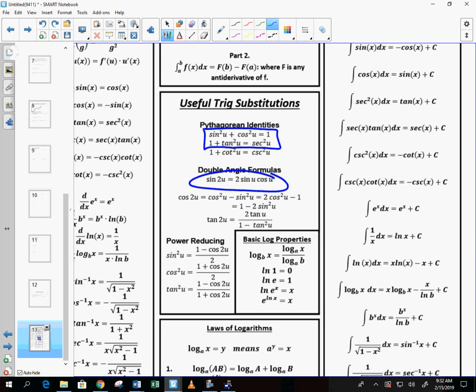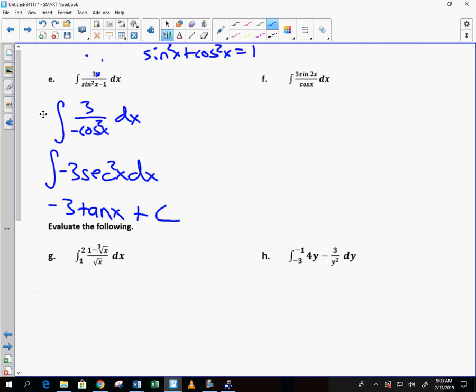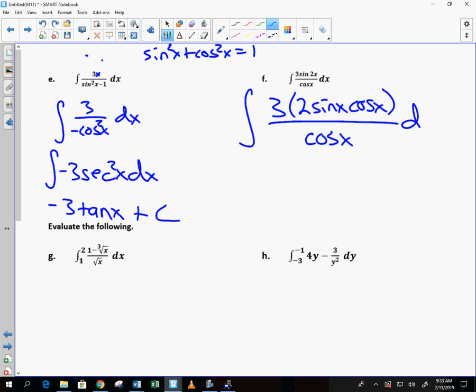So let's take that and let's put it to use then within our problem. And the problem says then I have 3, and instead of sine of 2x, what can I write in its place? 2 sine of x cosine of x. So then what happens?